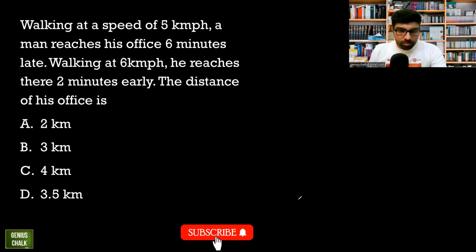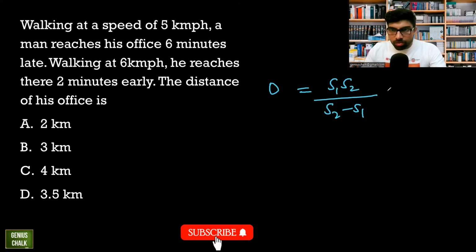Second method, always remember this. Distance in this case is always equal to the product of speeds by the difference of speeds, into the change in time or delay in time. Whenever an early-late question comes, apply this formula.